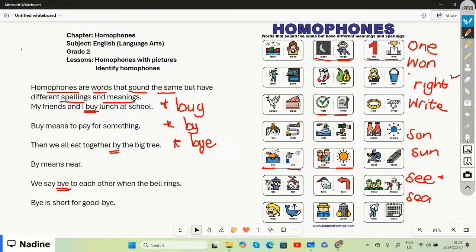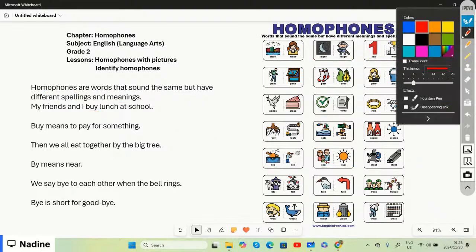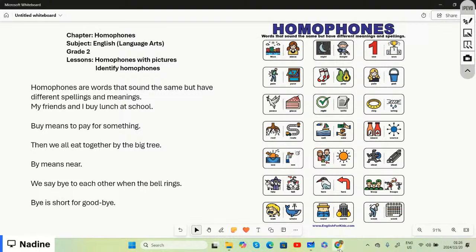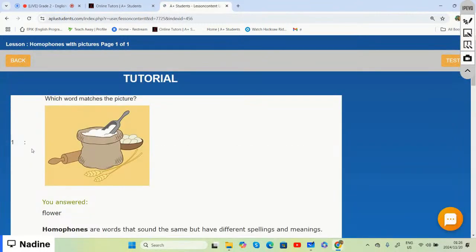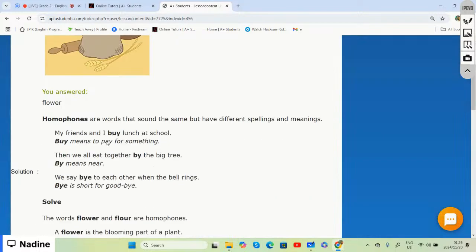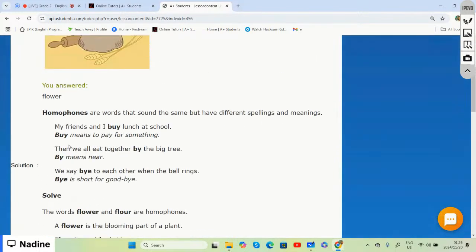Right, so now we're going to aplusstudents.ca and we're going with homophones with pictures. Once again, homophones are words that sound the same, but the spelling of the words as well as the meaning of the words are different. And we made examples of buy and buy.